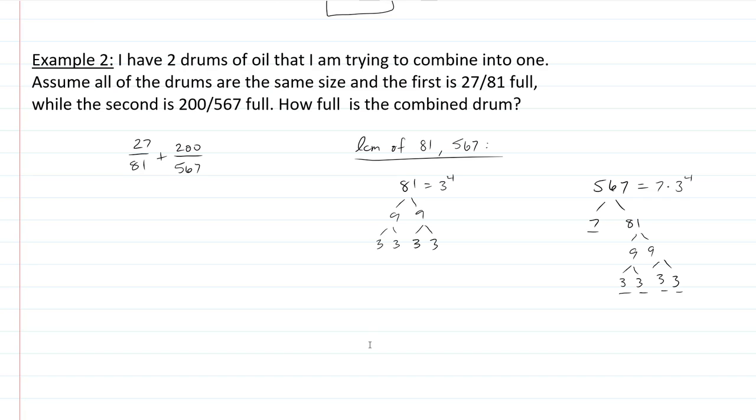So as you can see, the LCM is just 7 times 3 to the 4th. And we only have to multiply the 27 over 81 by 7, since 567 is actually the LCM. So let's go ahead and do that. Multiply top and bottom by 7 here.